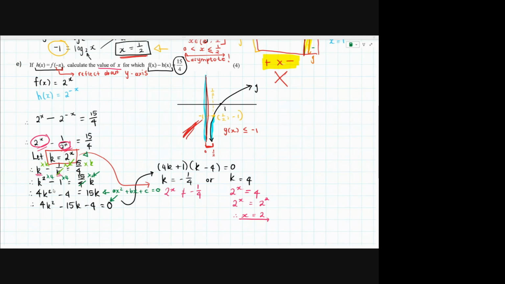Both of the k's have to equal 2 to the power of x. Yes, exactly. So once you've found one solution, you've found the solution. Obviously, if the second solution was k equals a quarter, then you would have two different solutions for x. But the 2 to the power x is the same thing. Just because one was negative, they represent the same value.